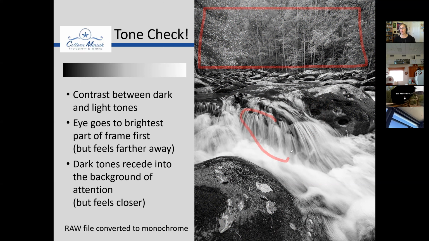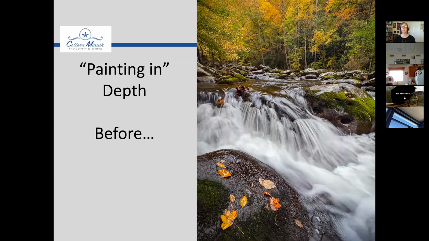And even some of this water is just a little bit flatter than I feel like it needs to be. And so when we think about that, you can get it in the field, perhaps you move around, but I often leverage processing tools, specifically brushes, masking, burning, and dodging, to paint in depth.